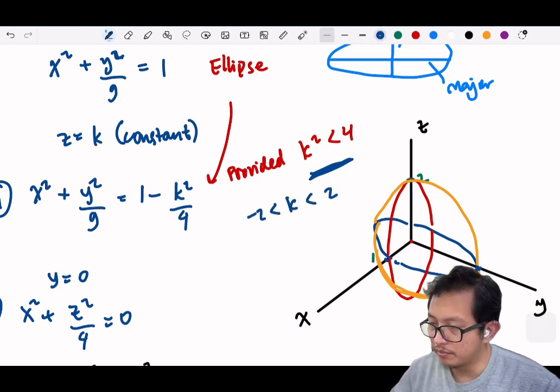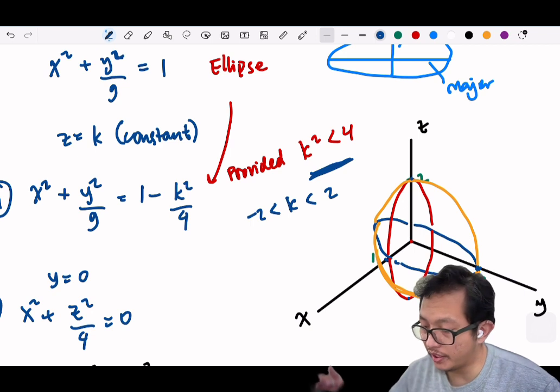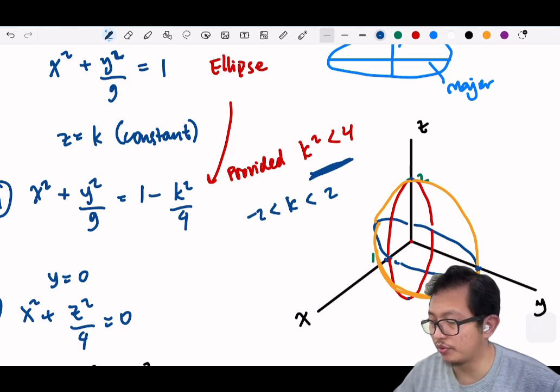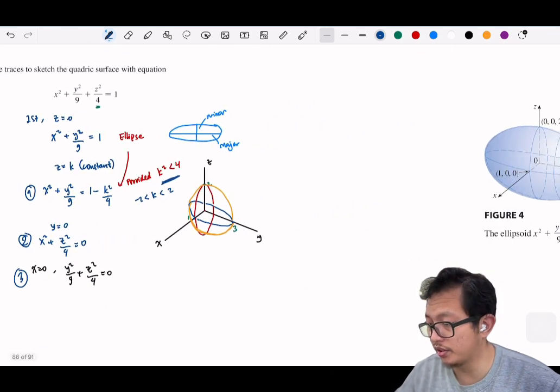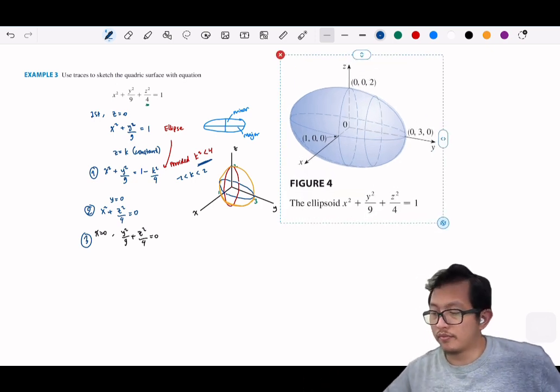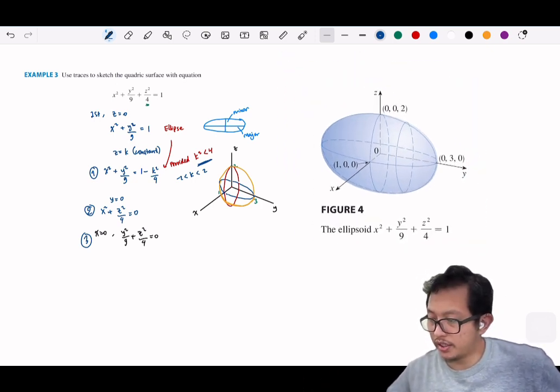That's for k between -2 to 2. Because if we have k equal 2 or -2, it is perfectly at this point here, the 0. So we don't want that to be our ellipse because it's a point, not an ellipse.